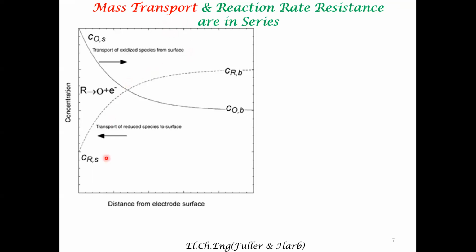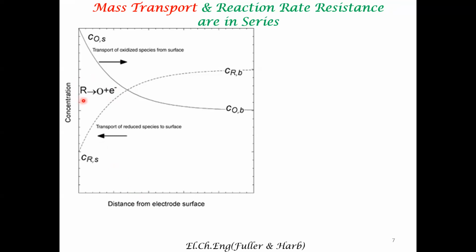So let's look at this particular system. What do we have here? On the x-axis, we are plotting the distance from the electrode surface. At the electrode, this particular reaction occurs.